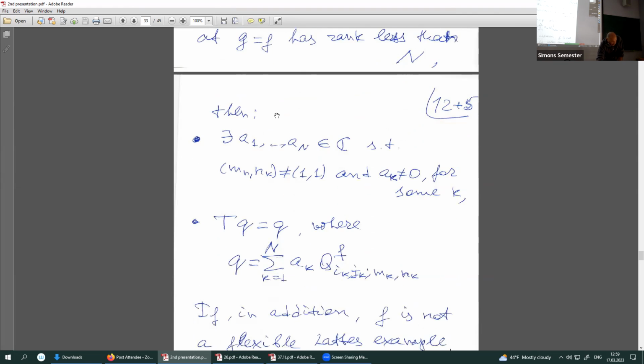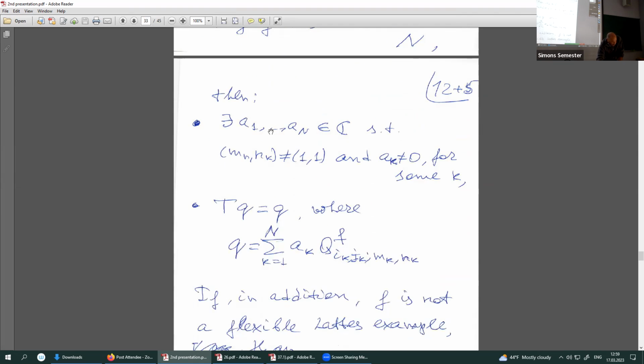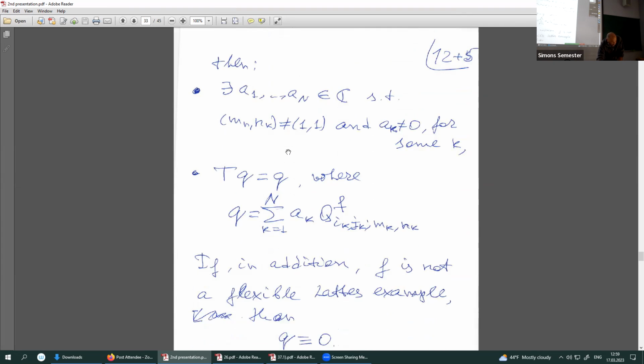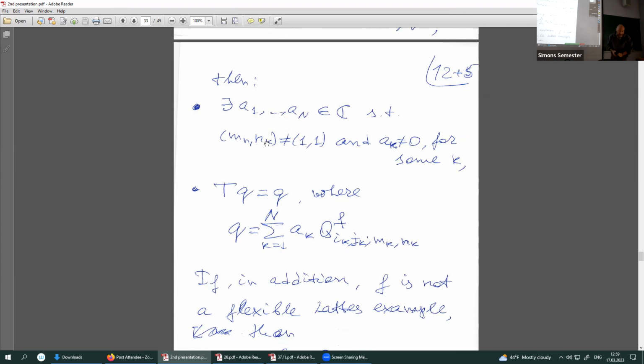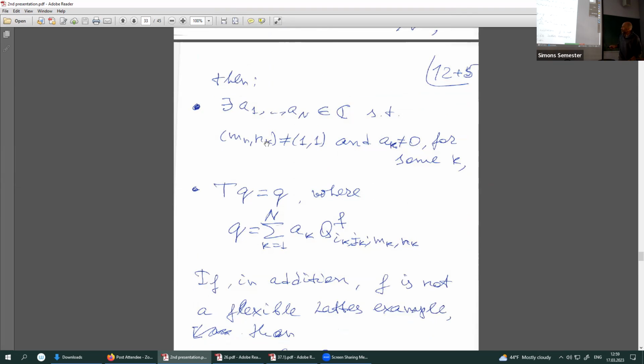It means that there is a collection of n numbers, not all of them zeros, and maybe it makes sense to first consider this linear combination of these quadratic differentials.